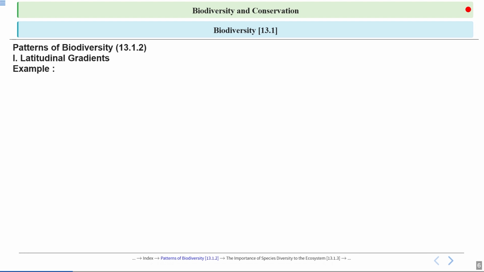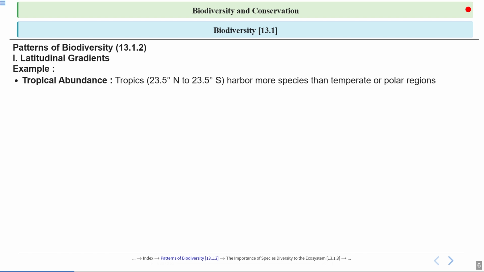Okay, let's continue our discussion. Let's understand with the help of examples. Let's talk about the tropical regions, those between 23.5 degrees north and south of the equator. They have more species than temperate or polar areas.